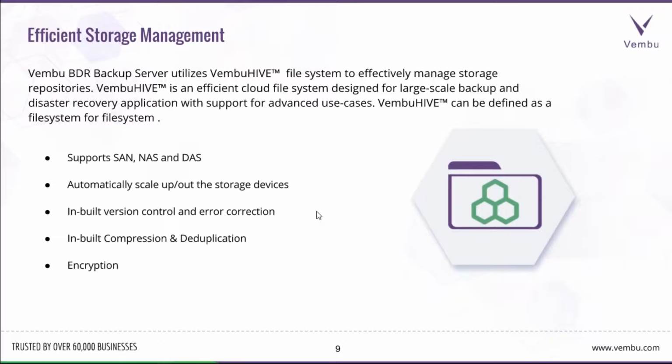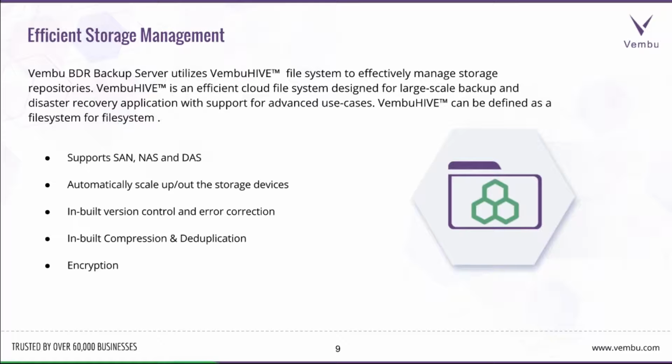And the most important part when it comes to Vembu BDR is the Vembu Hive, which is an efficient file system implemented with BDR, where it helps you to manage the storage repositories.